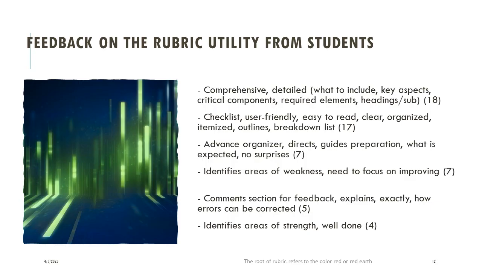Some of the students said that it's comprehensive, it is detailed, it says what to include: key aspects, critical components, required elements, headings and subheadings. 18 of the students who contributed to the survey said this. Checklist: user-friendly, easy to read, clear, organized, itemized, outlines, breakdown list. 17 of the students said this.